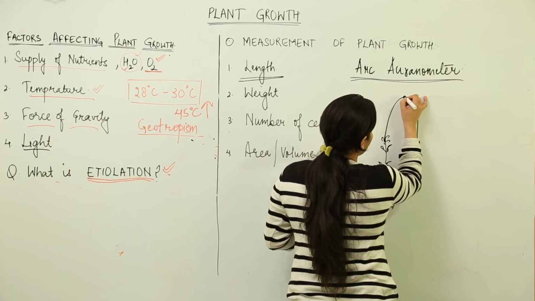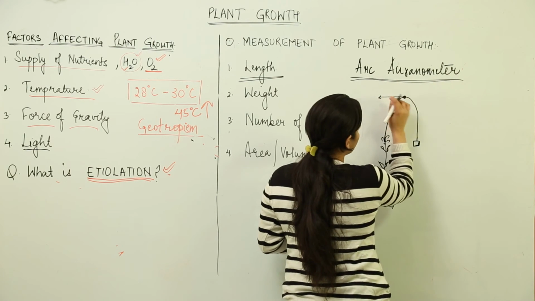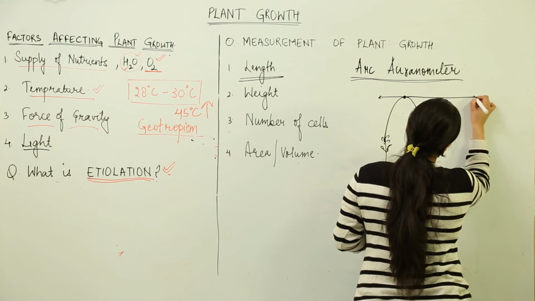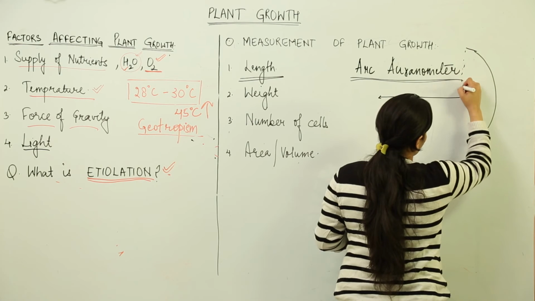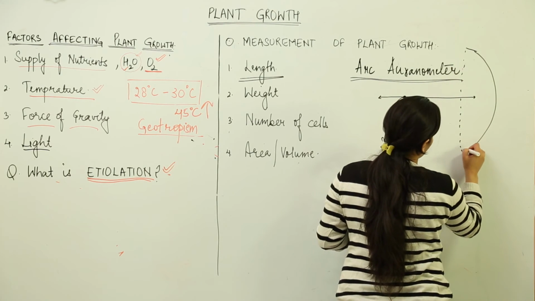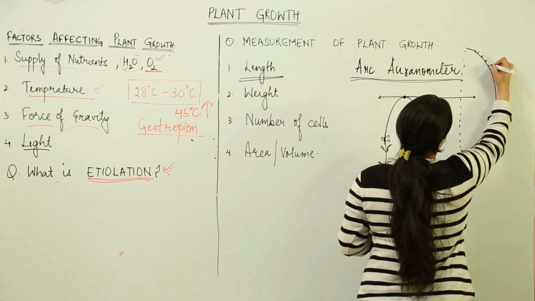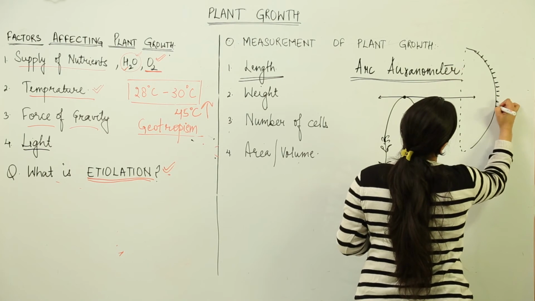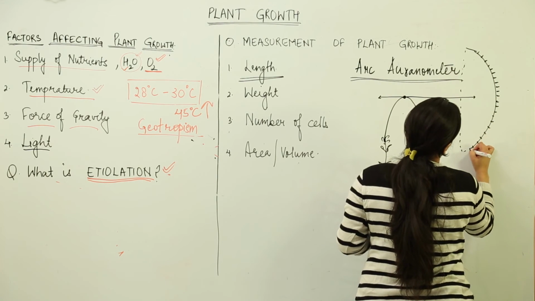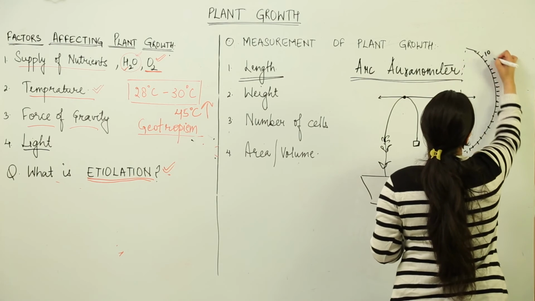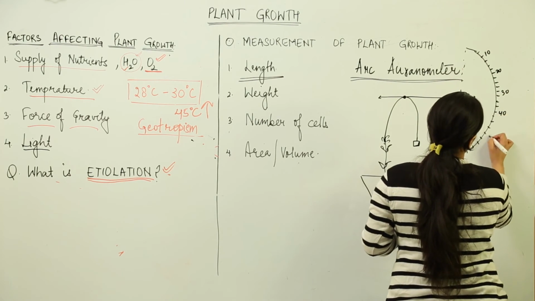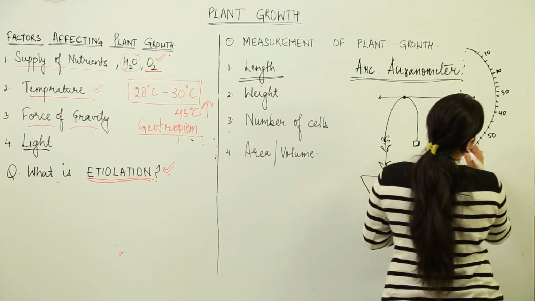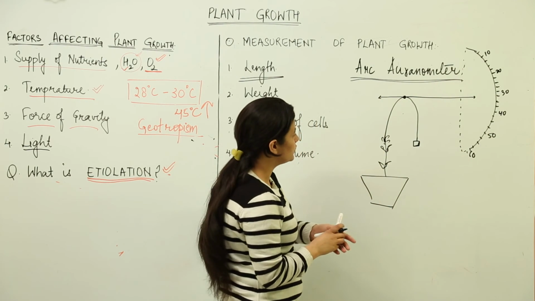On this pulley we have a needle attached which is connected to a scale basically. Okay, this is the basic auxanometer's presentation. The concept behind an auxanometer, supposedly this is 10, this is 20, this is 30. Don't go according to the scale because I am just giving a rough representation over here.